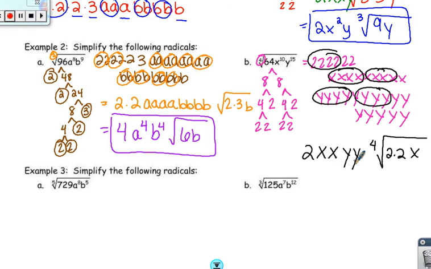Group of y's. Group of y's. And there's 3 y's left on the inside. So what's my final answer? 2x squared, y to the 3rd, the 4th root of 4xy squared. Cubed. Sorry. That's a 3.